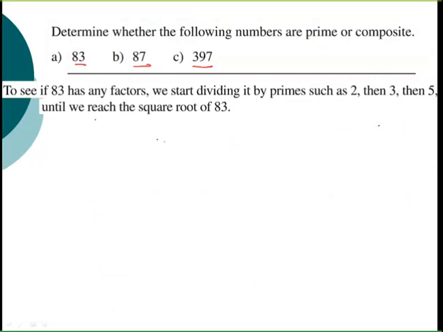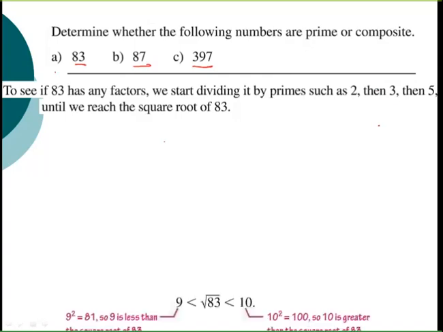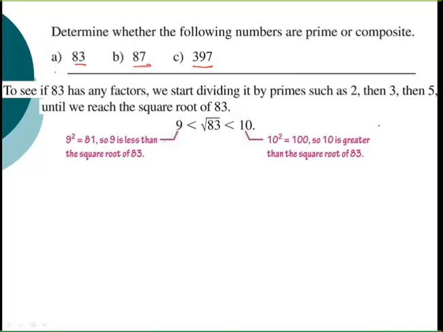We divide it by all the prime numbers up to the square root of 83, which should be just less than 8. So if we go 2, 3, 5, 7, if 83 is not divisible by any of them, then it will be prime.